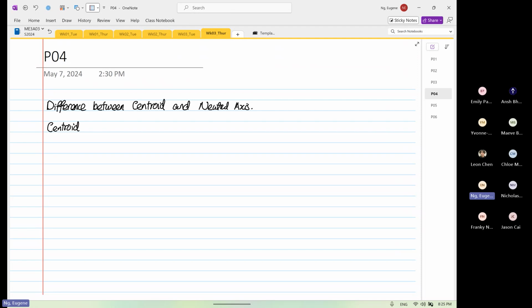is based on geometry. Okay, so by finding centroid, you just find based on geometry.